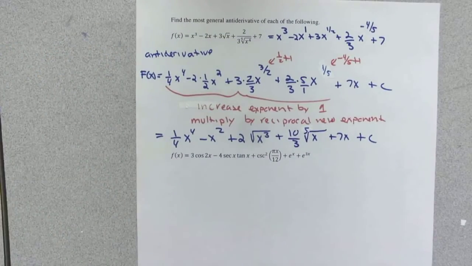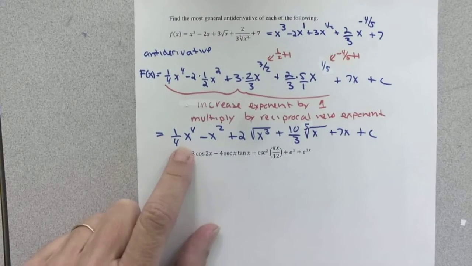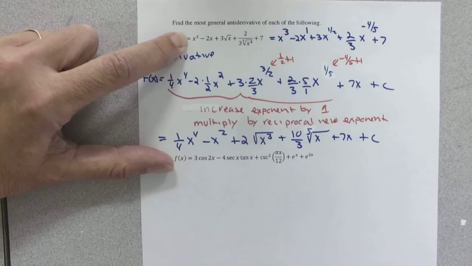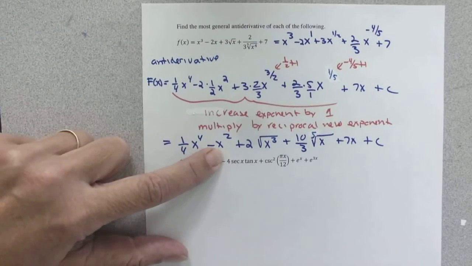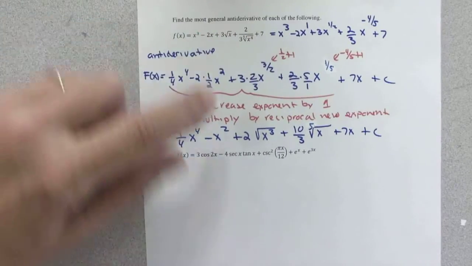And then if I had space, I would check this to confirm that that is the right answer. You can check by differentiation. Now, a lot of these you can check by pretty much just looking at it. The derivative of 1/4 x to the 4th would be x cubed. The derivative of x squared would be 2x.